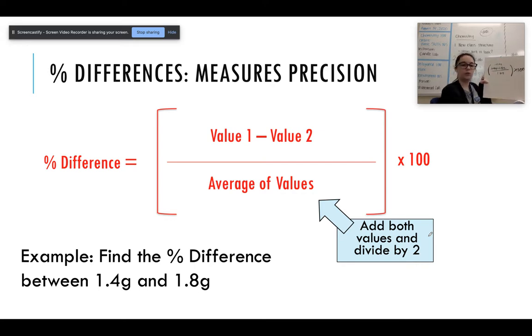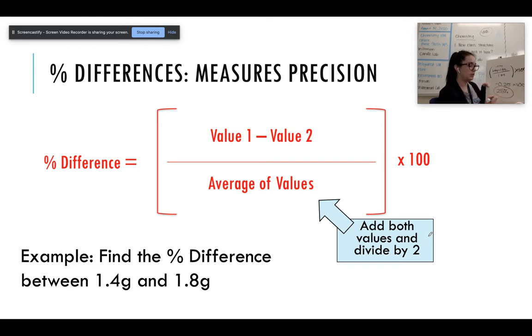I'm going to cross that out. I then take my negative 0.4 grams and I divide it by 1.6 to get negative 0.25 times 100, and I get negative 25%, or in this case, it's fine to have just 25%, because I'm not estimating how well, I'm just finding the percent difference.